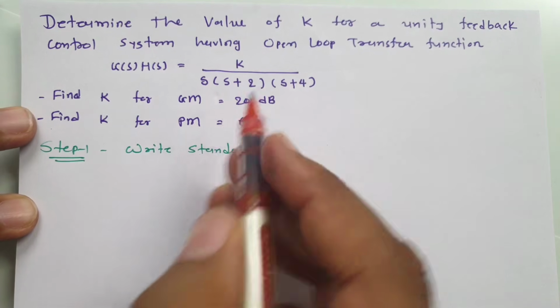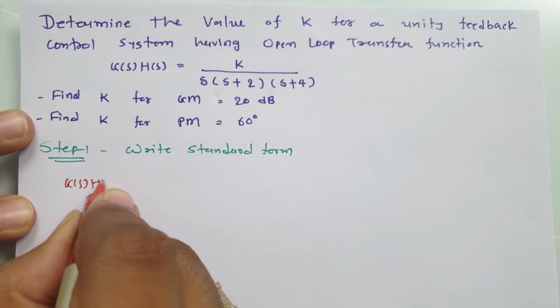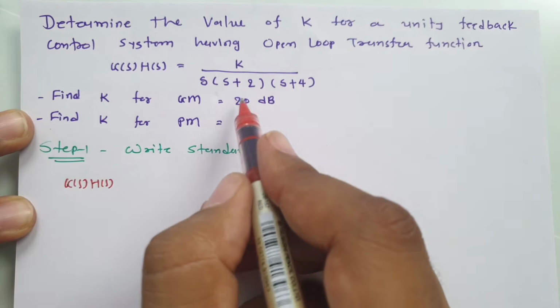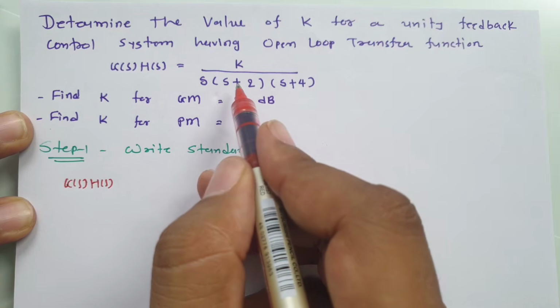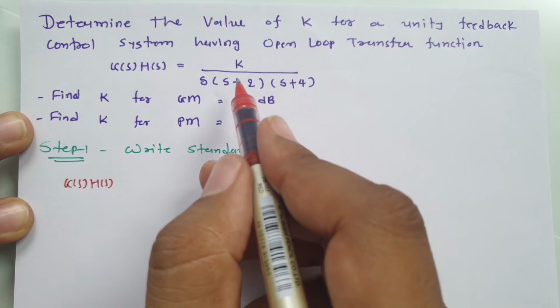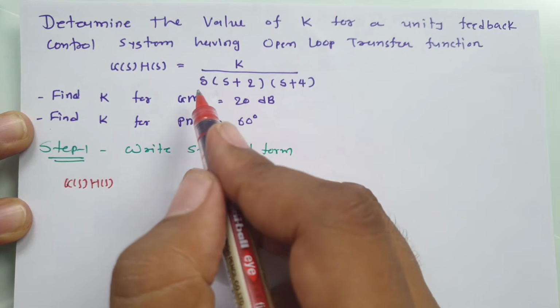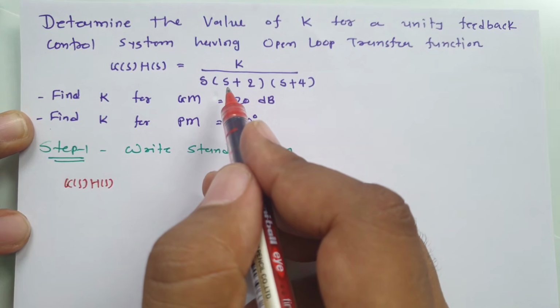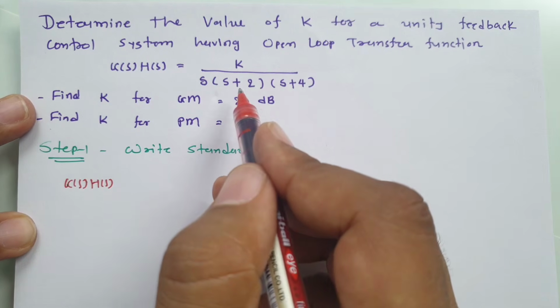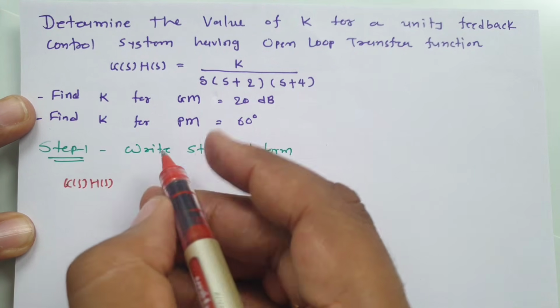To write the standard form, we just need to write the corner frequencies in the form of 1 plus s divided by something. Here you see in the numerator there is nothing in terms of corner frequency, but in the denominator s plus 2 and s plus 4 are there. So we need to take 2 and 4 common from these and we can have the standard form.